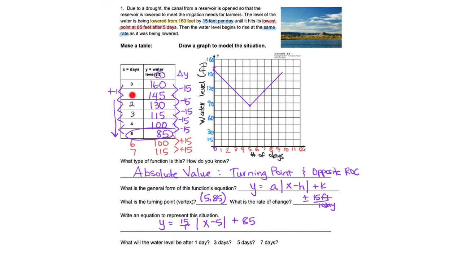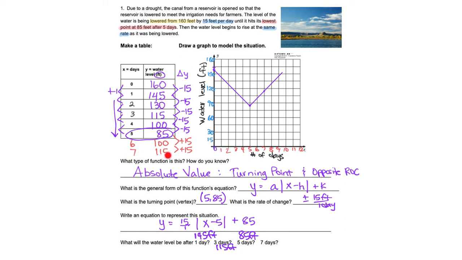So on day 1, it's 145 feet. On day 3, and I'm going to write them underneath, on day 3, it was 115 feet. On day 5, 85 feet. And you can see that I'm getting this information from here. So 1 day is 145 feet. 3 days was 115 feet. 5 days is 85 feet.